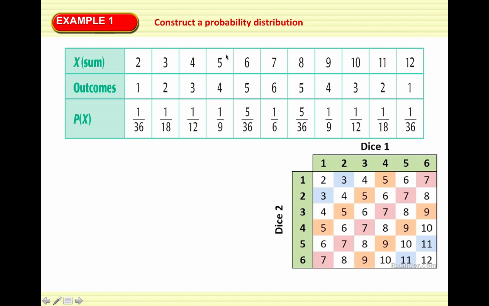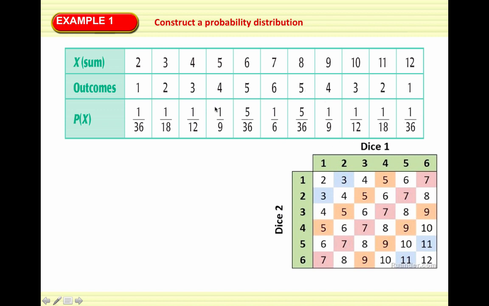The probability of getting a sum of 5 is going to be 4 out of 36, which reduces to 1/9. The probability of getting a sum of 6 is 5 out of 36, which does not reduce. The probability of getting a sum of 7 is 6 out of 36, which reduces to 1/6, and just continue on doing each number of outcomes out of 36 and reducing as possible.